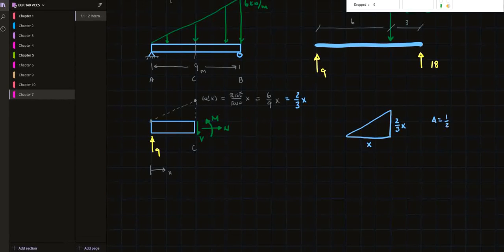Our area of the triangle equals 1/2 times 2/3 x times x, or 1/3 x squared. 1/3 x squared is the area of this triangle, and that is going to be the value of this load P. Therefore P equals 1/3 x squared, and it's going to occur at a distance of, if this total distance is x, then this must be x over 3 here, measured from the cut.